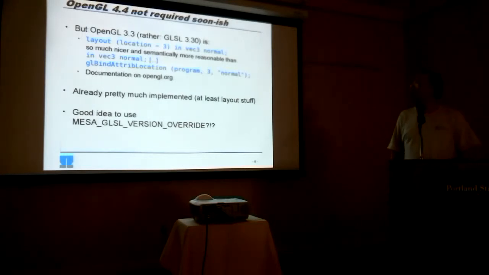Yeah, right. Okay, because for those who are not that familiar with that, in GLSL 3.30 you can actually bind certain attributes to certain attribute containers, which are numbered, which is so much nicer to have in the shading language itself, because it semantically fits in there, rather than having the variable specified without that location and doing the location binding afterwards during linking.